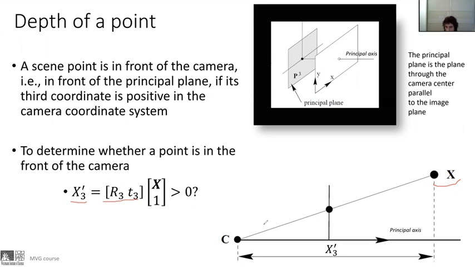This is the depth of the point in this specific camera. Yeah, I understand. Thank you. Okay, no problem.